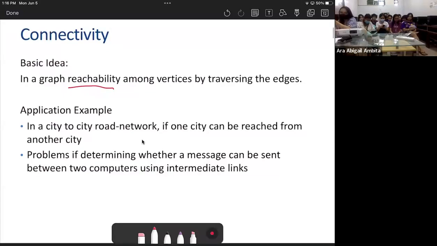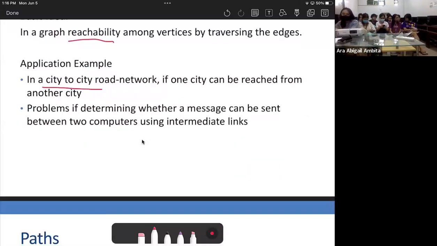So for example, in a city-to-city road network, if one city can be reached from another city, you can treat the cities as vertices. If reachable siya, then there is a path between them.